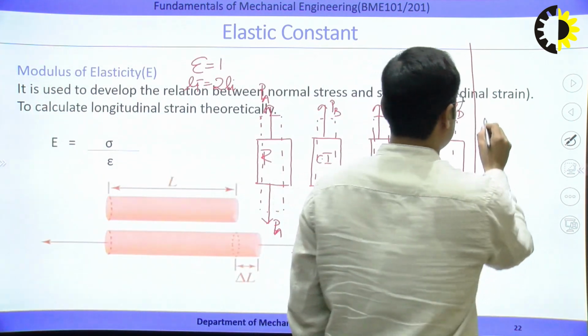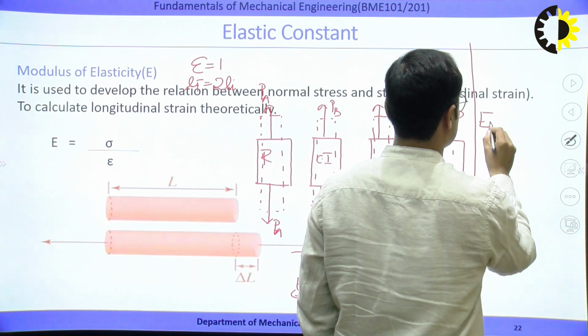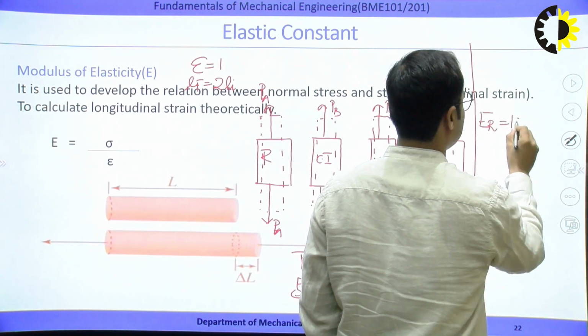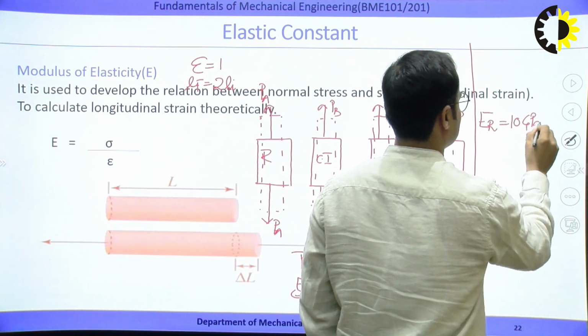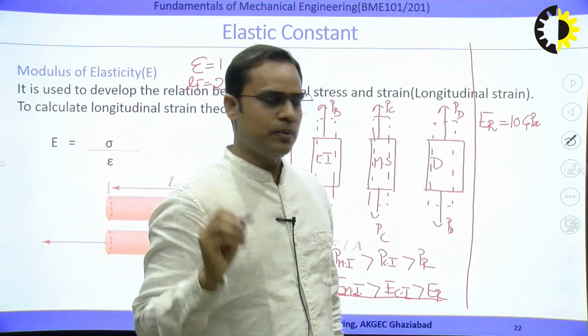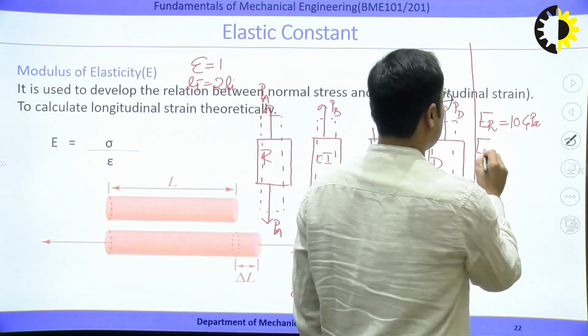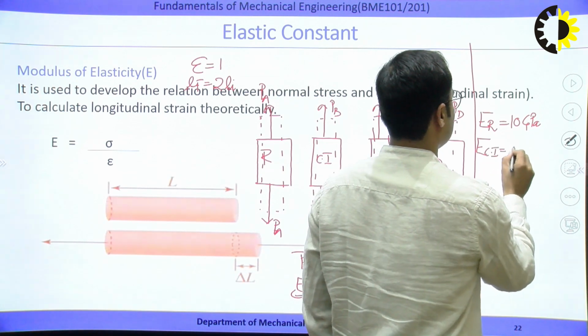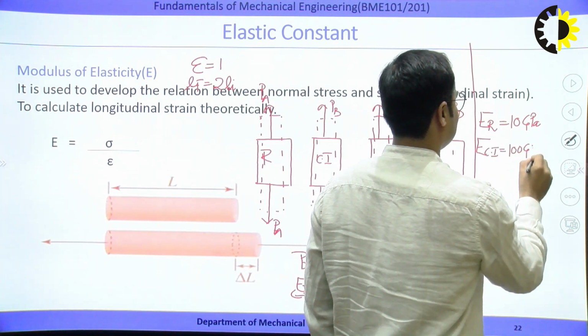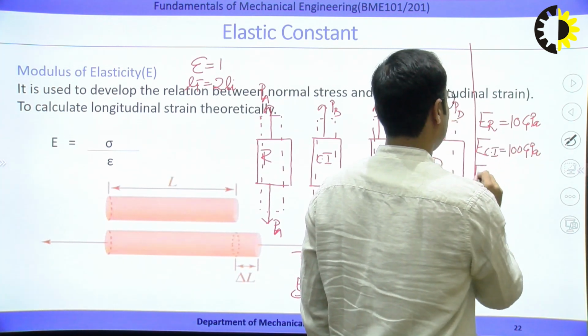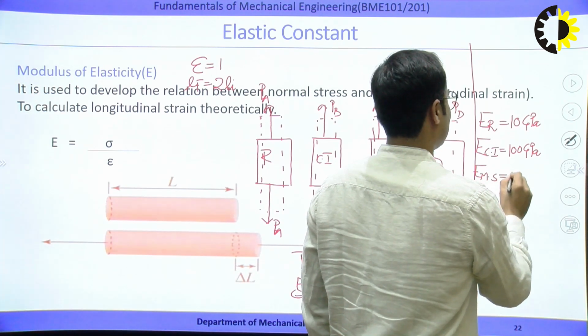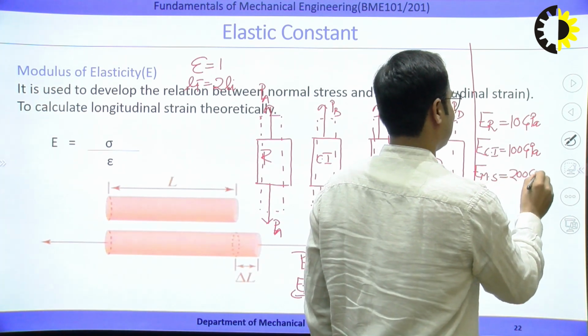guidelines, you can say the value of E for rubber is 10 gigapascal. These are the standard values. E for cast iron is 100 gigapascal. E for mild steel is 200 gigapascal.